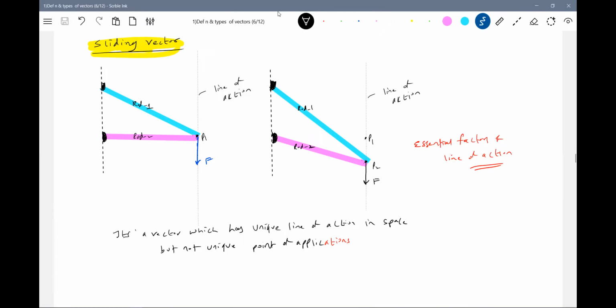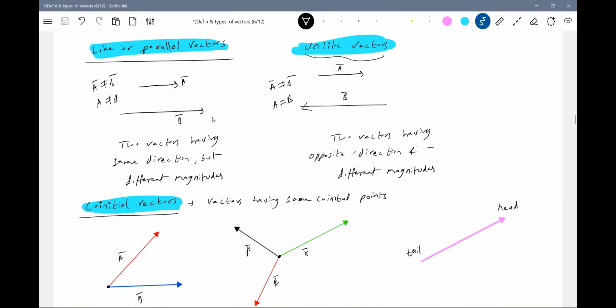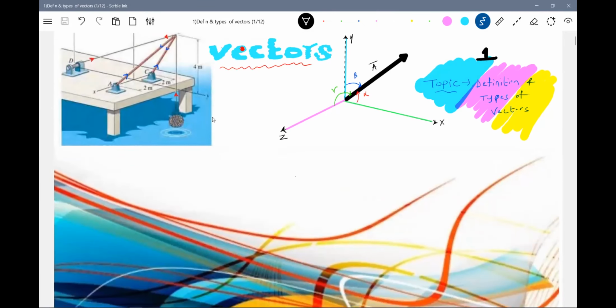Okay, fine. So these are the different types of vectors. First we defined the vector. Then we classified physical quantities into scalars and vectors. Then we went on to define the vectors. After defining the vector, what is the big problem we encountered?